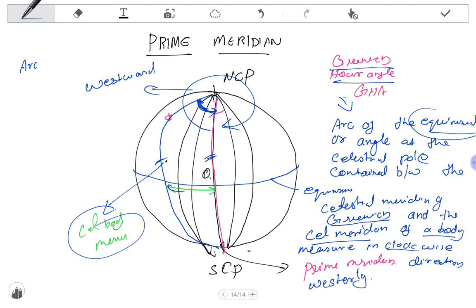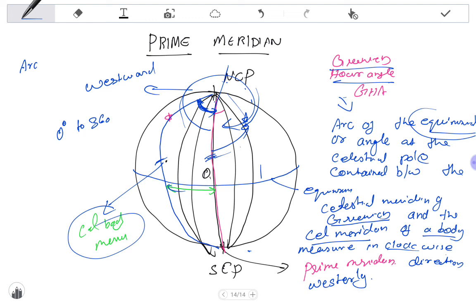So this GHA angle goes from 0 degrees to 360 degrees. If I have a celestial object here, for finding the GHA I don't measure in the anti-clockwise direction. I measure in the clockwise direction only. So the GHA value will sometimes be more than 180, or 270, or near 360.